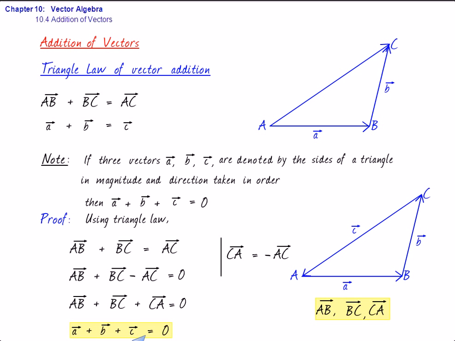Now the next property is, how do you find a vector along a particular segment if we know the position vectors? What is vector AB if the position vector of point A is A and the position vector of point B is B?